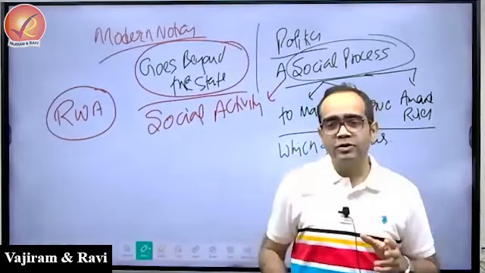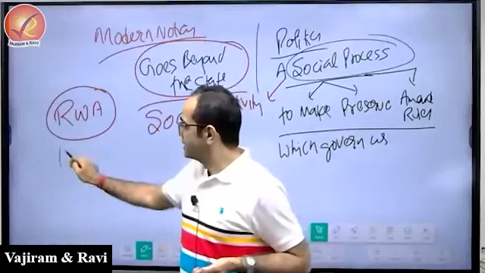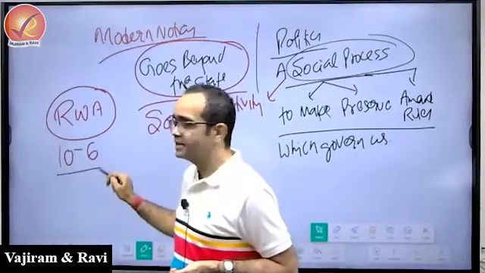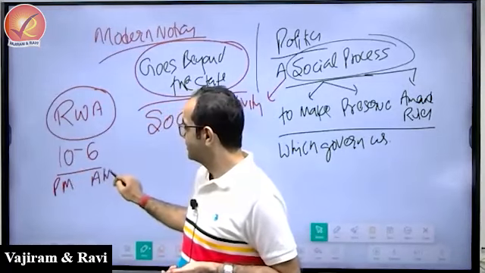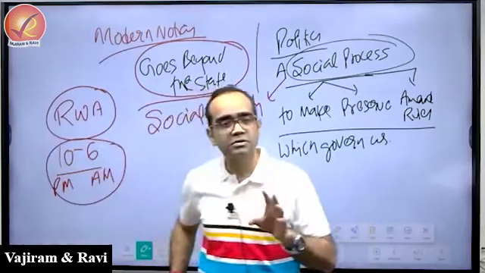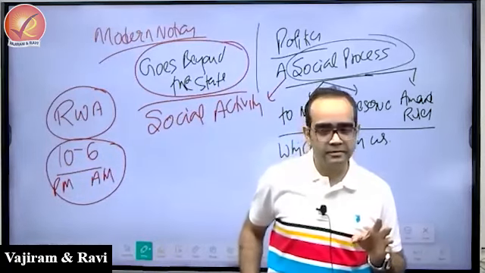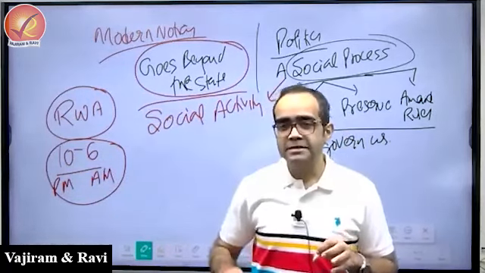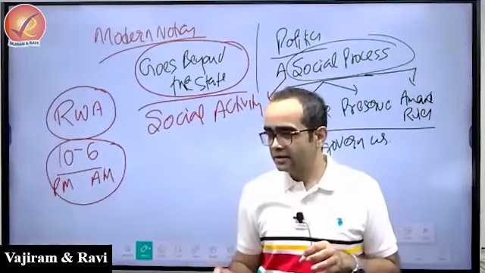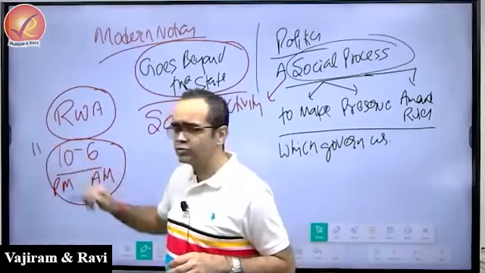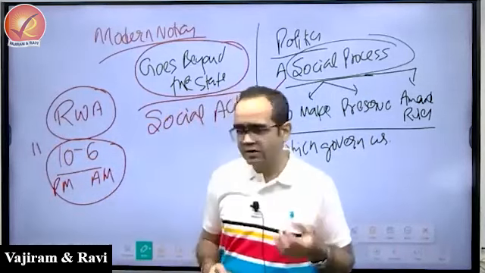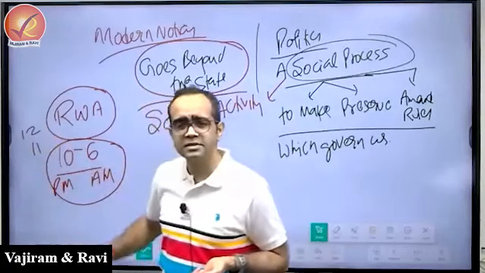Now, my RWA says that between 10 p.m. and 6 a.m., the gates of the colony will be closed. And many people protested, why 10 to 6? Instead, you should make it 11 to 6. Those who come late from work say make it 12 to 6.